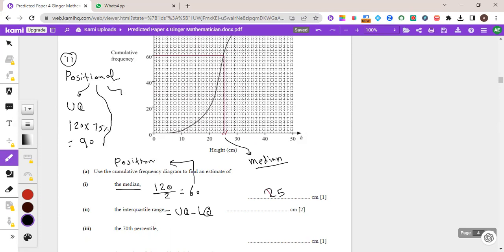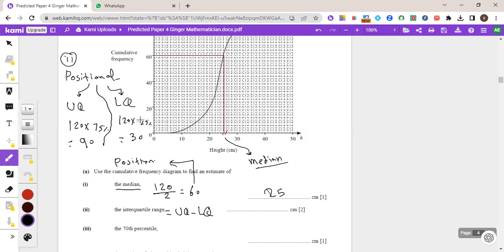And the lower is 120 divided by 4, or 120 times 25%, which equals 30.